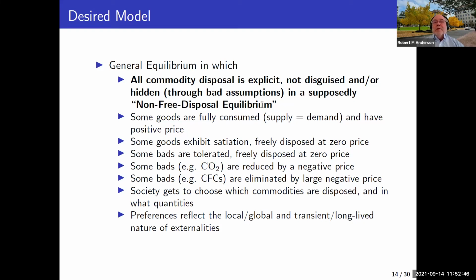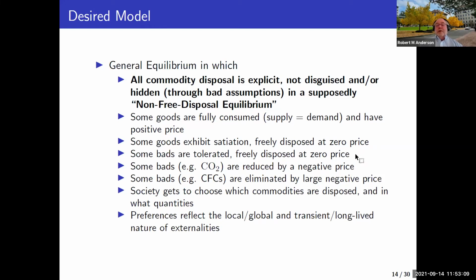And we want to be able to price it. So we want to be able to either do a cap and trade or impose a tax on CO2 emissions. And we want some goods to be fully consumed, supply equals demand for those goods, and have a positive price. Some goods exhibit satiation, so there's a zero price and they're freely disposed.